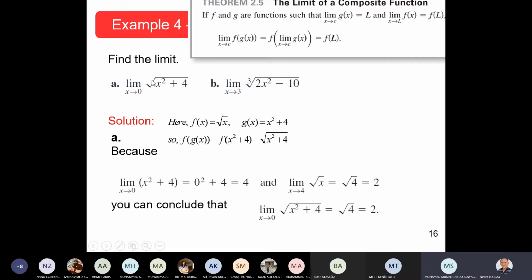What you can do if you have roots is just substitute, and then you find your answer. Similarly, what is the answer of this in a short way? Again, 2. Exactly, you are very good. But again, you can think that your f of x is the radical, the root function, and your g of x is this function, and so on.